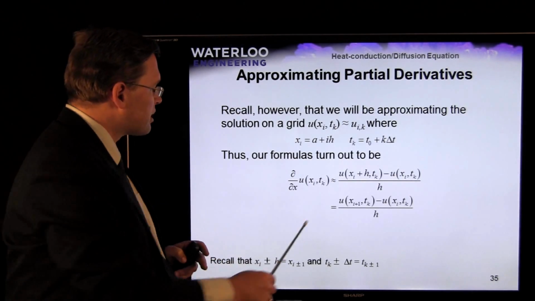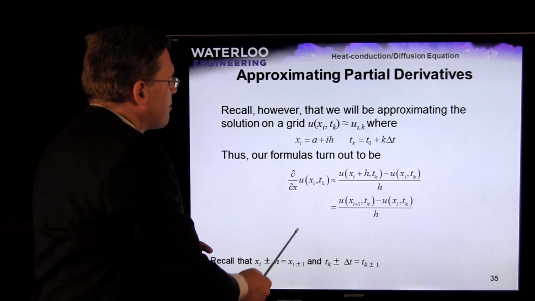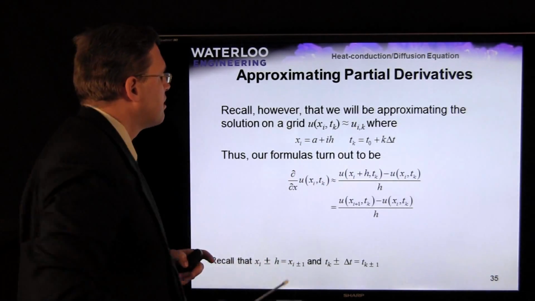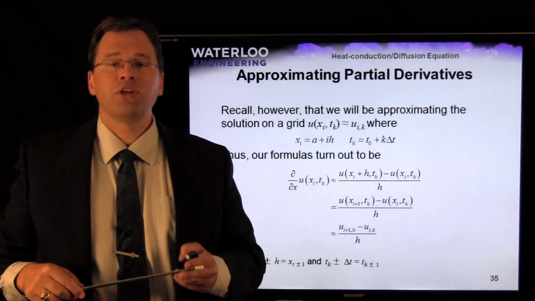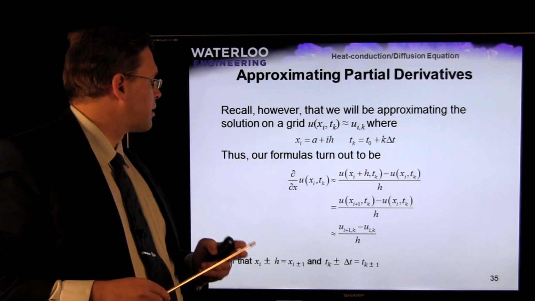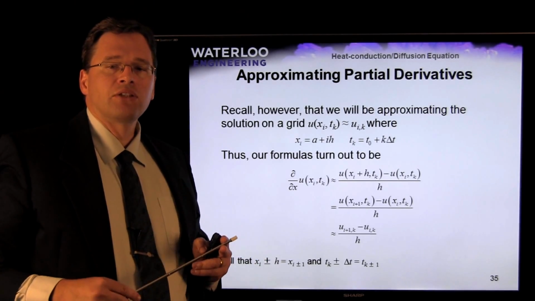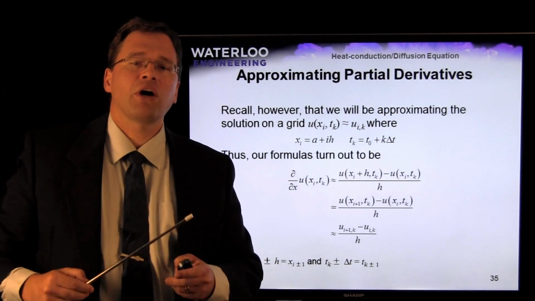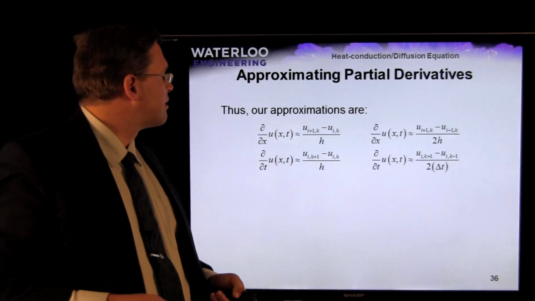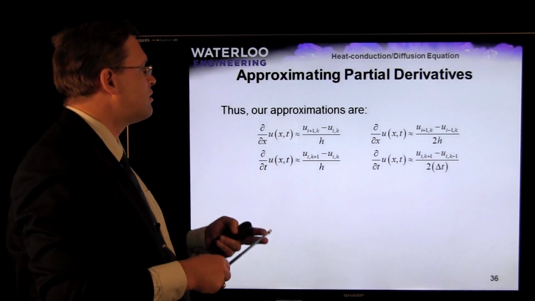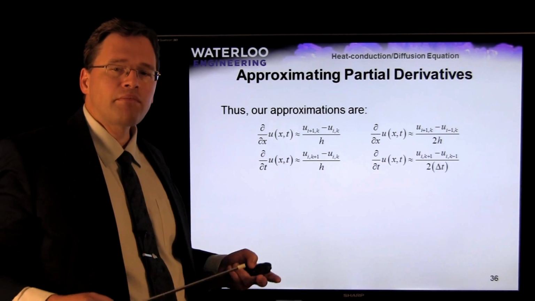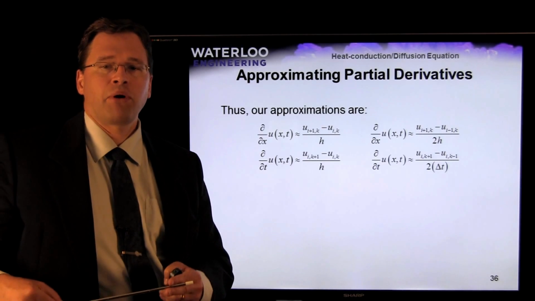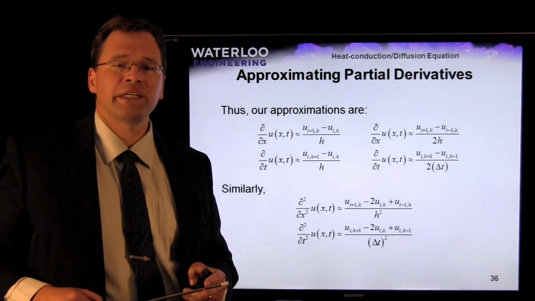And we are approximating u at x sub i plus 1, t sub k by the unknown variable u sub i plus 1 k. So there we have our approximation in terms of the points on our grid. So we can substitute these into our formulas, and now we can approximate both partial derivatives on this grid.